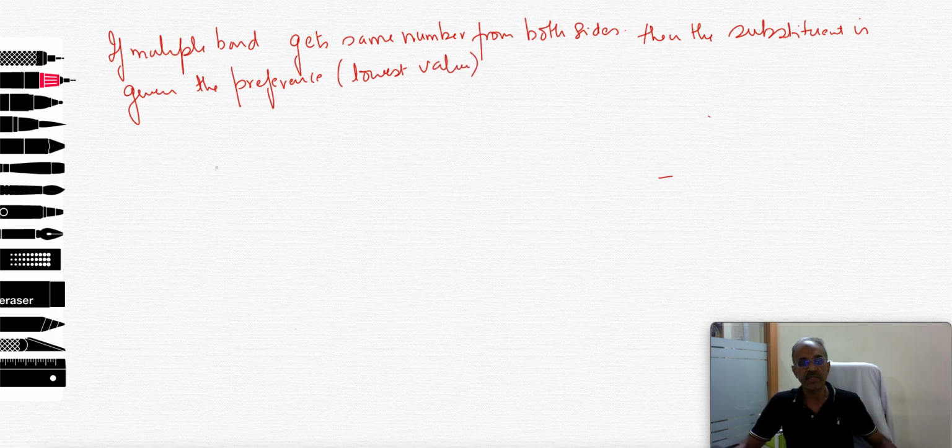For example, C, single bond C, double bond C, C. Fine. And suppose here there is Br.